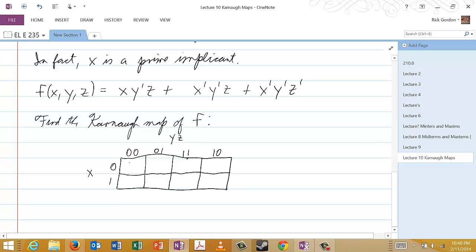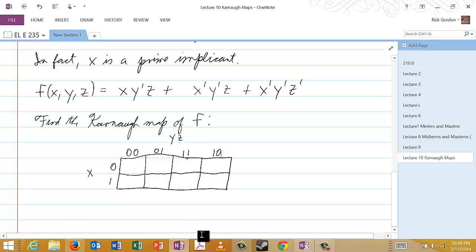As we go from a cell on the top to the adjacent cell on the bottom, or from any cell to the cell on its right, we want only one variable to change its value. So let me explain what I mean here. In this first cell, we have x equals 0, y equals 0, and z equals 0.